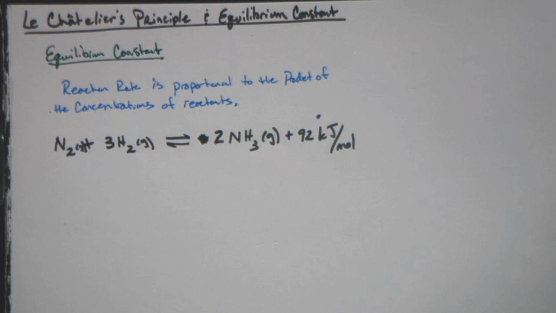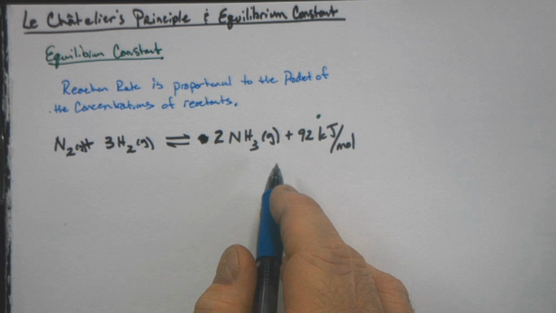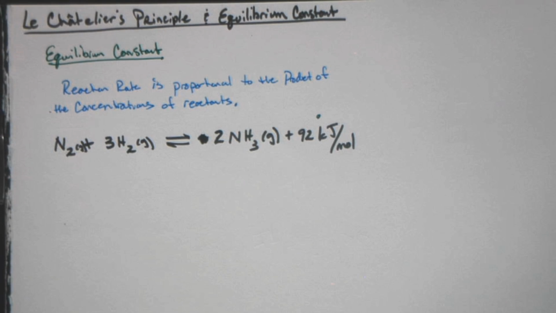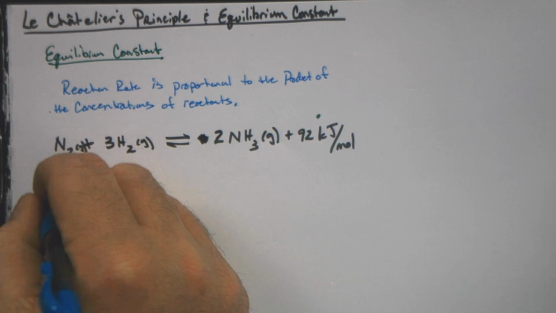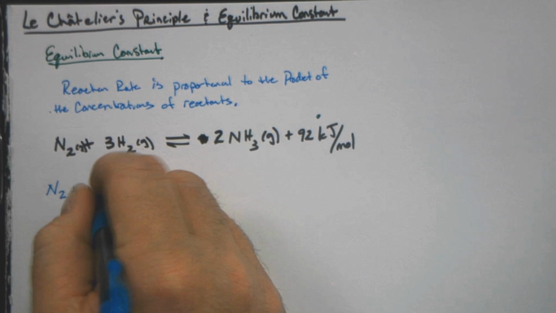As far as determining the rate law, as it's called, the reaction rate, the proportionality, we're going to write this out longhand, more as a descriptive form of what's going on. This is N2 plus 3 H2s.